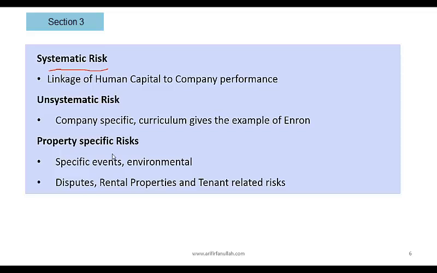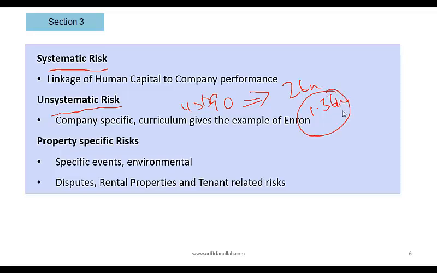Okay? Now, what is unsystematic risk? We discussed that this was company specific risk. So the curriculum loves the example of Enron. Enron was trading at about $90 at its peak, and the pension fund of this company was, I think, about $2 billion, out of which 1.3 billion was invested by employees.